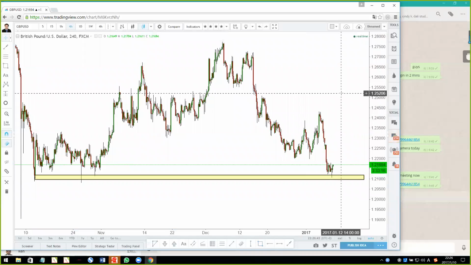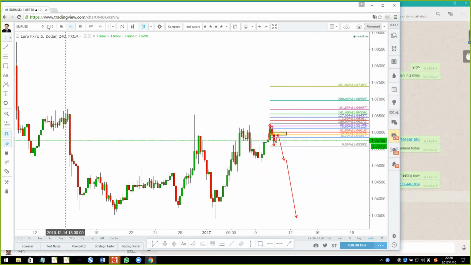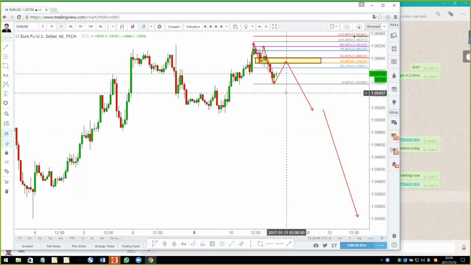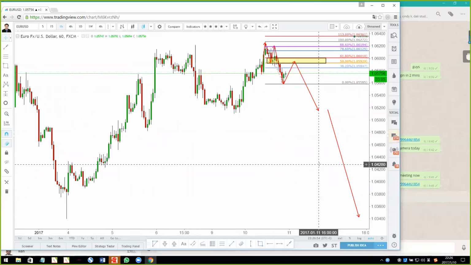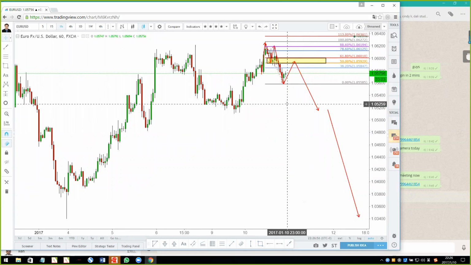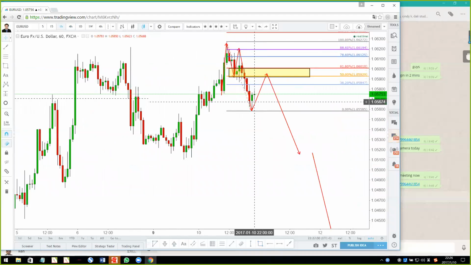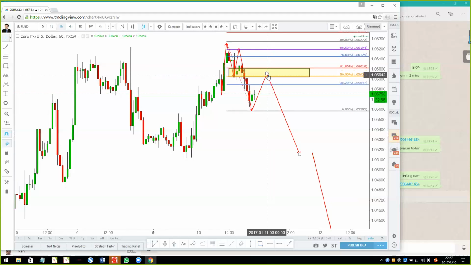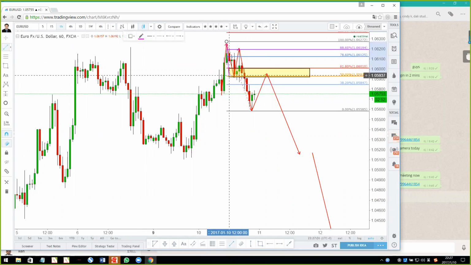Jonathan asked about a potential ABCD pattern, right? Let me check. You mean where is the potential ABCD pattern? You mean if you want to short, you want to use ABCD to take profit? 1.0520.